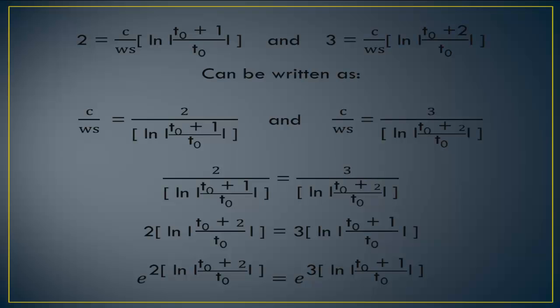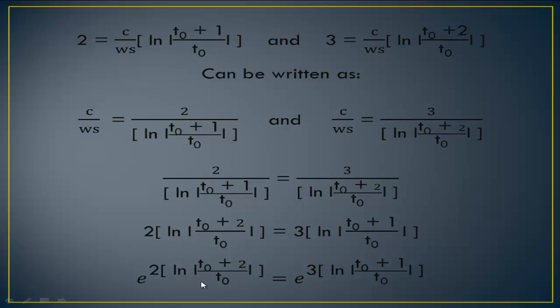So this equation can be written as c over ws equals 2 over ln((t sub 0 plus 1) over t sub 0), and on the other side, c over ws equals 3 over ln((t sub 0 plus 2) over t sub 0).